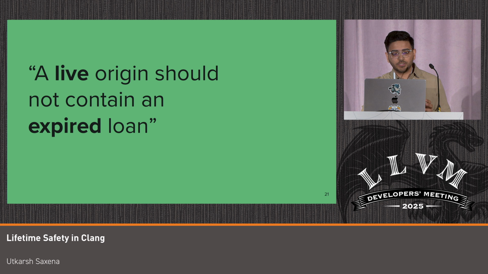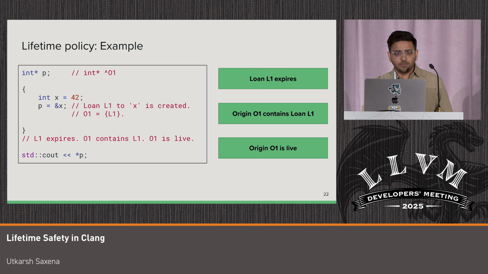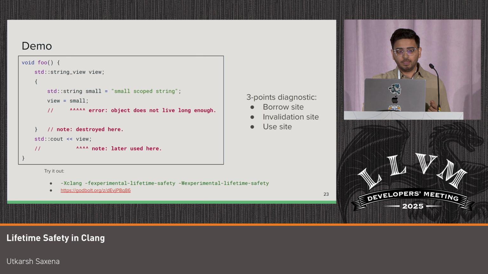That is the lifetime policy that we would be enforcing. Given an example, we see that at the end of the scope, the loan L1 expires. We also had an origin O1 that contained that loan L1, and that origin was also live. Therefore, this is a lifetime violation.